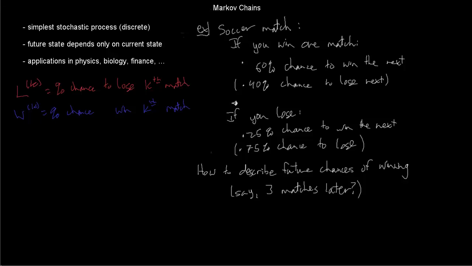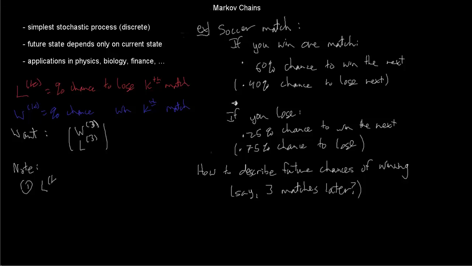So what I'm looking for if I want 3 matches later is a vector that in the first coordinate is the probability of winning the 3rd match and the probability of losing the 3rd match in the 2nd coordinate. This should be a probability vector in the sense that those 2 things should be positive and add up to, say, 1.